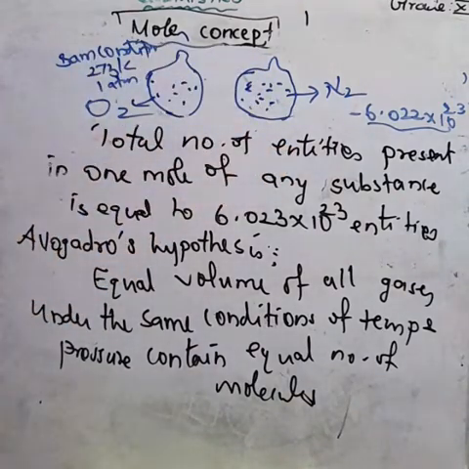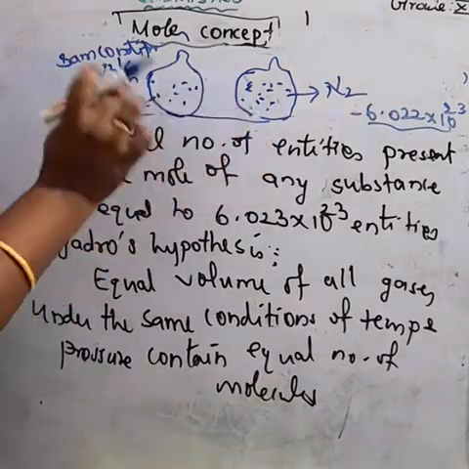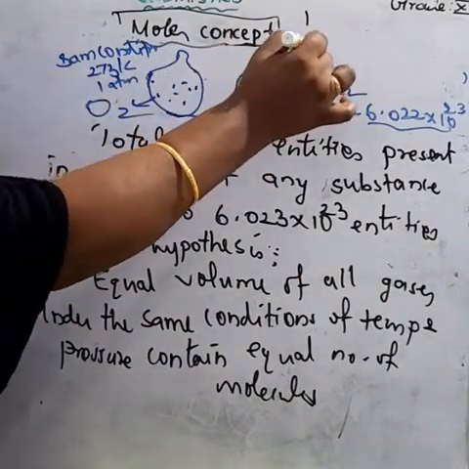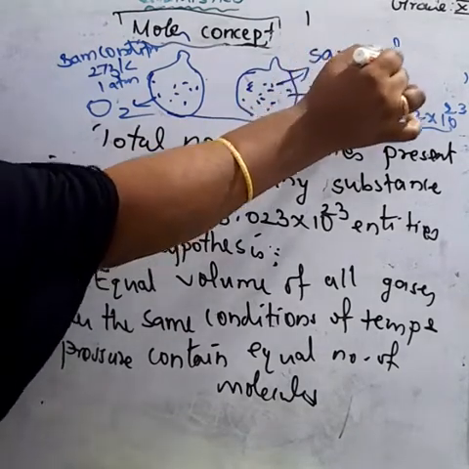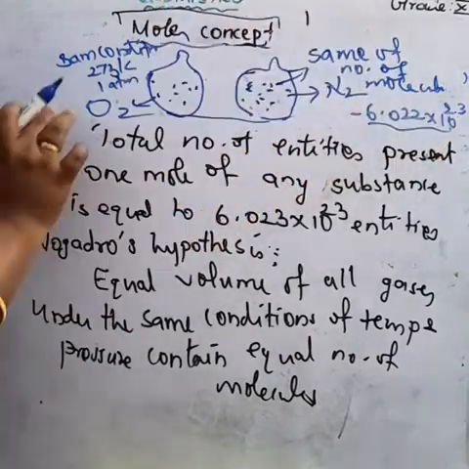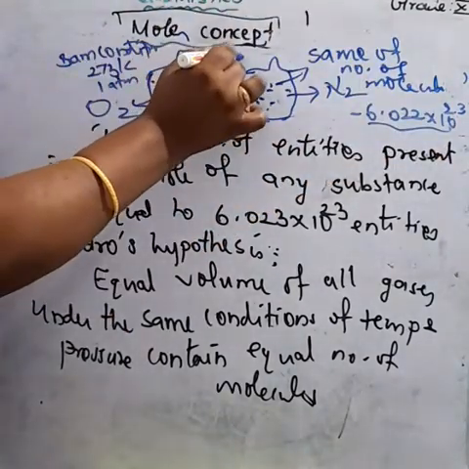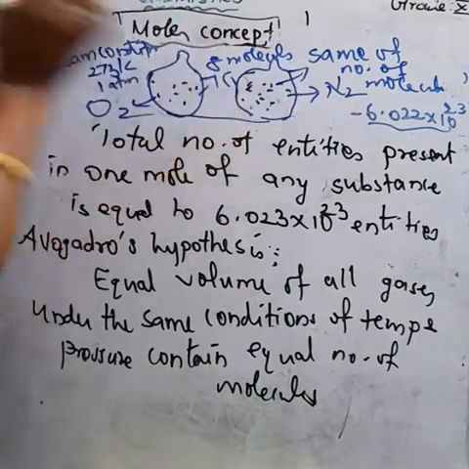Here, these 2 balloons have the same number of molecules of oxygen and nitrogen. For example, 8 molecules of oxygen in the red balloon, and the same 8 molecules of nitrogen in the blue balloon. This is called Avogadro hypothesis.